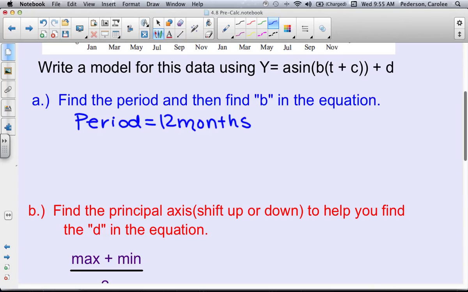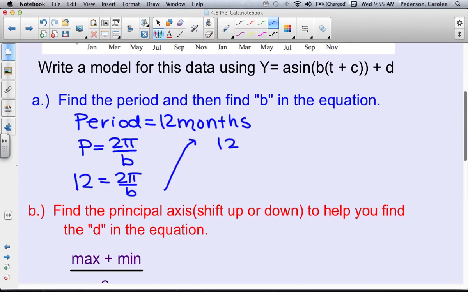So thinking back to earlier in this chapter, there was an equation that said the period equals 2 pi over b. Well, we now know the period. The length of this revolution is 12 months. So we are going to solve this equation for b. What do I do next to solve for b? Times b by both sides, yep.